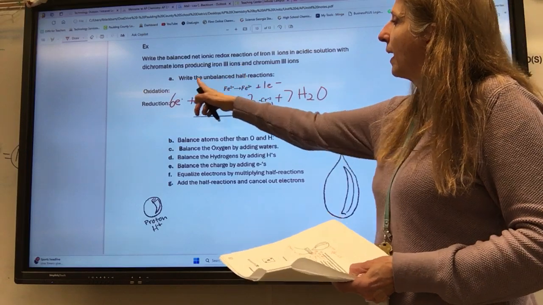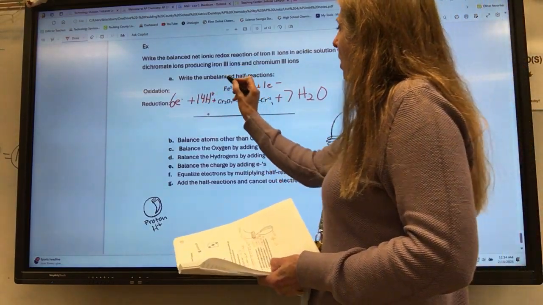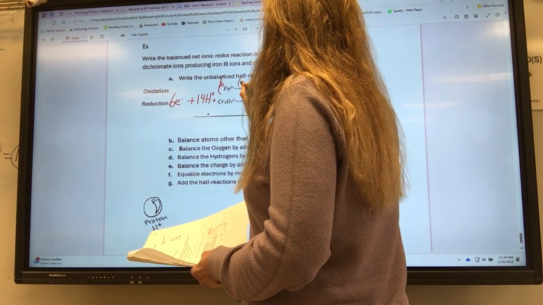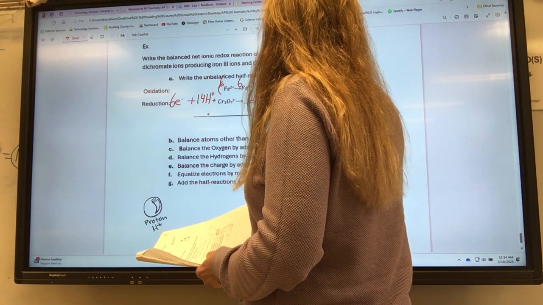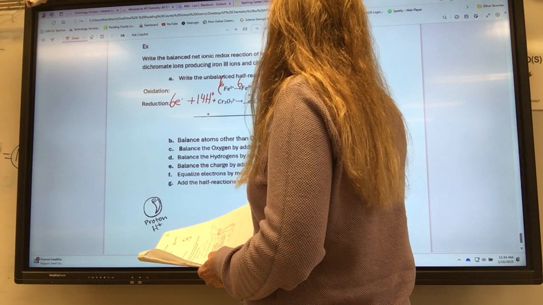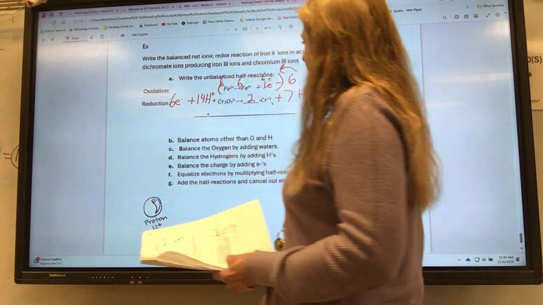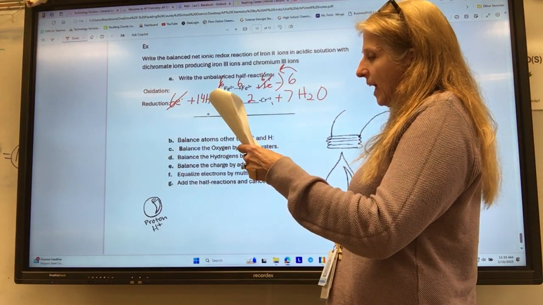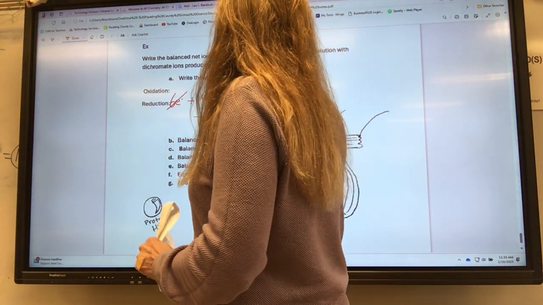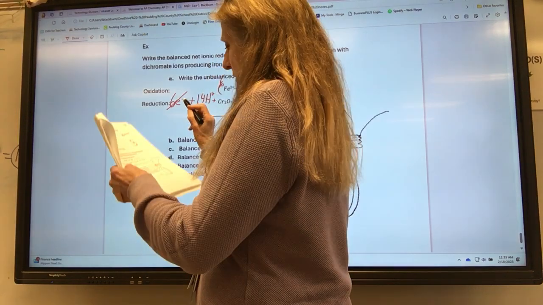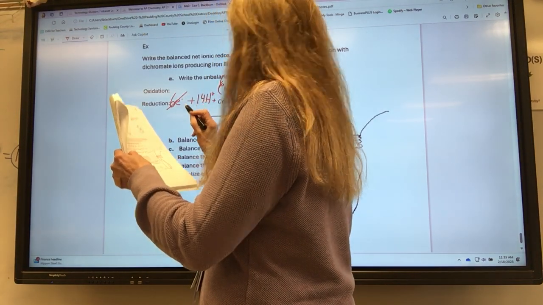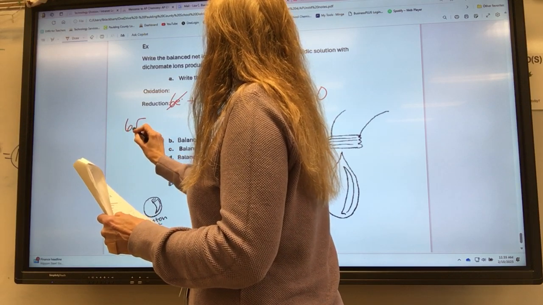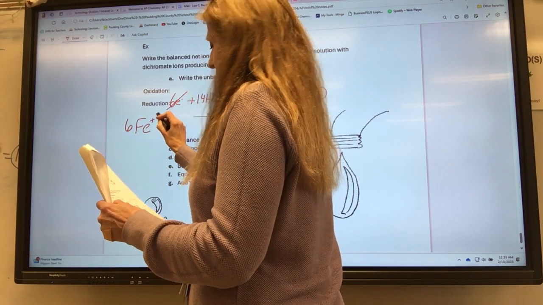Now I need my electrons to cancel out. So I'm going to multiply this whole thing by 6. And this will be 6, 6, and 6 electrons. It's not evil, I promise. Okay, so I'm just multiplying all that out. Now my 6 electrons cross out, and I can just add it all up. So I'm going to write down my iron. I've got 6, I'm going to start over here. 6 Fe plus 2s.